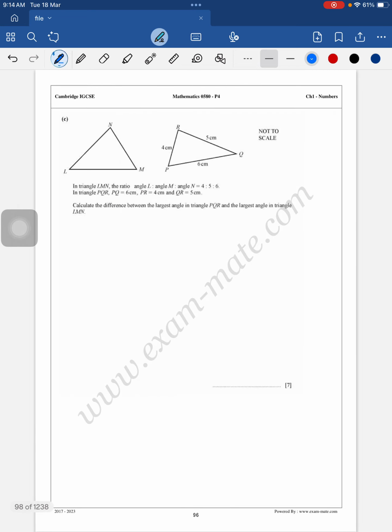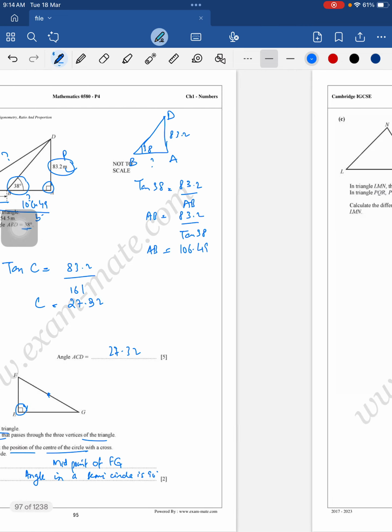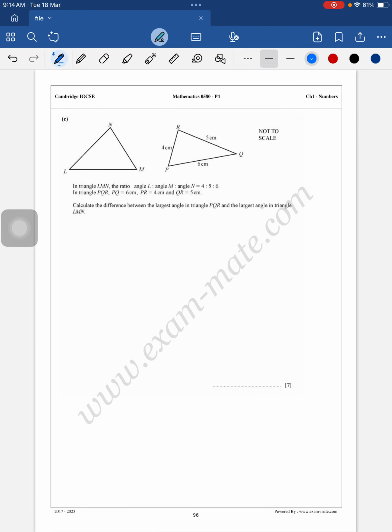Question number 58 part C. We have in triangle LMN the ratio of angles LMN is 4:5:6. In triangle PQR we know our lengths. Calculate the difference between the largest angle in triangle PQR and the largest angle in triangle LMN. First we are working for LMN, right? Ratios are given and we know the total angle, that is 180 of the whole triangle.